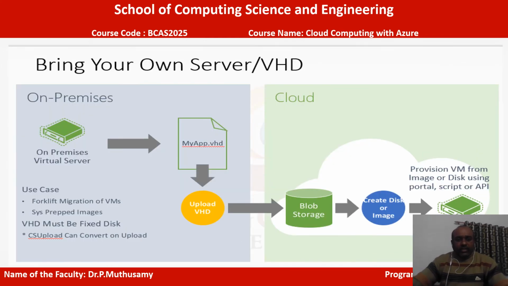And bring your own server VHD, that is virtual hard disk, from an on-premises virtual server: upload VHD to blob storage and create a disk. Provision VM from image or disk using portal, script or API. Use case for system prepared images.